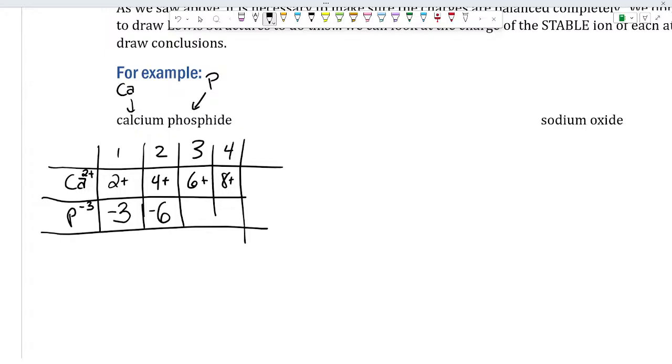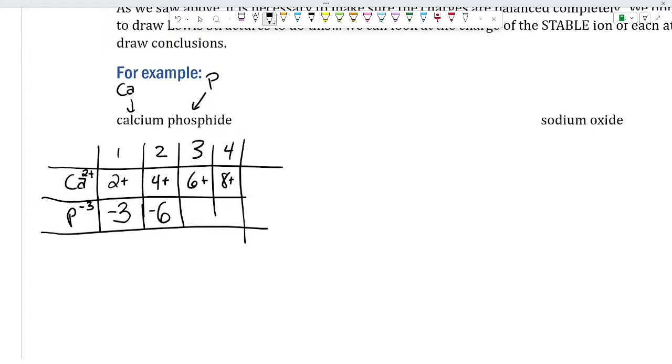Does that make sense? And now, wait a minute, what do we notice? We found a match, right? If I have 3 calciums, I'll be able to give away a total of 6 electrons. And if I have 2 phosphoruses, I'll be able to take 6. Does that kind of make sense?